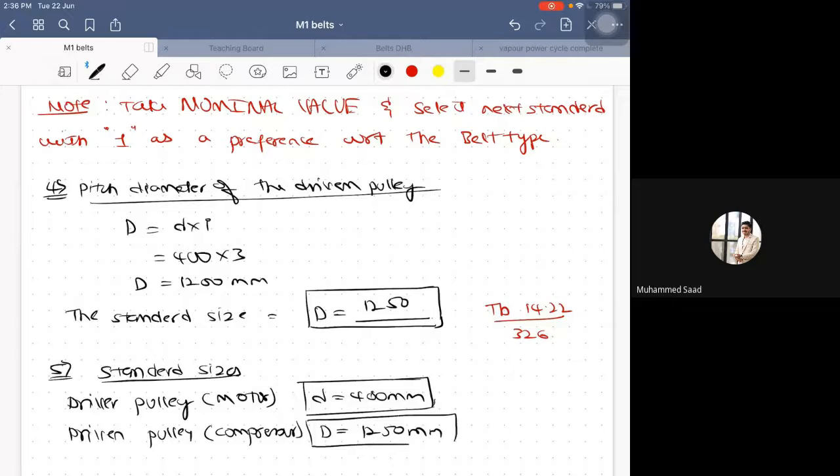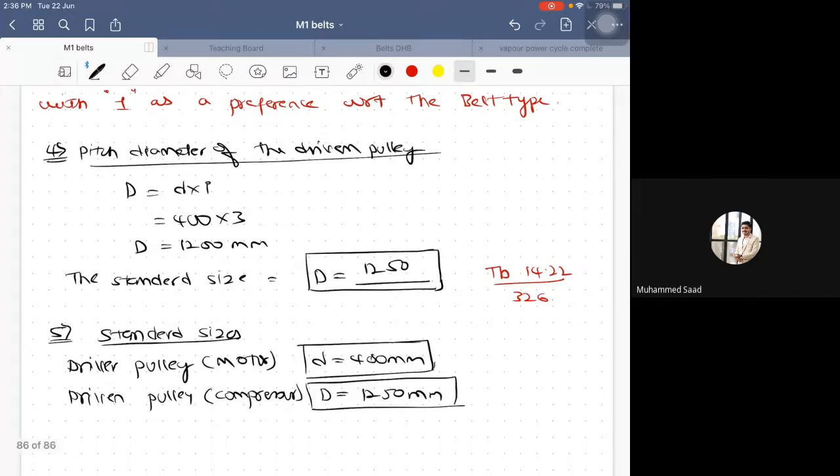Okay, since this is changed, what will you calculate? You will calculate the revised velocity ratio. Revised velocity ratio i is equal to capital D by small d, which is 1250 divided by 400. That is equal to 3.125, I guess. Okay.